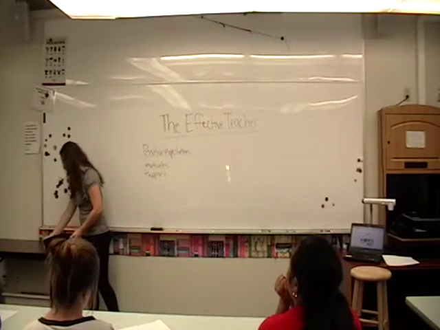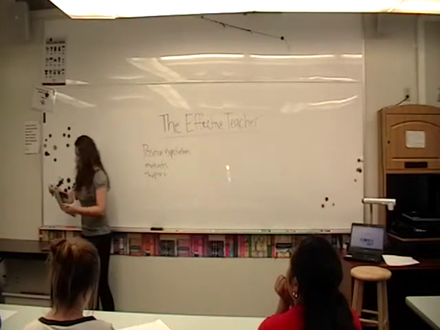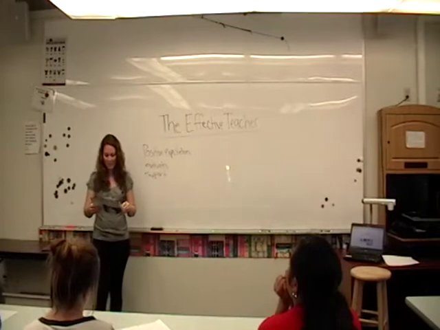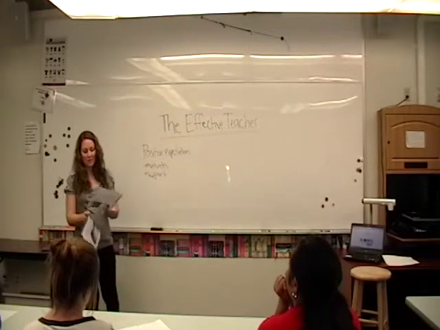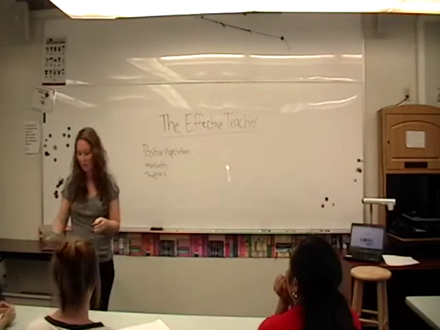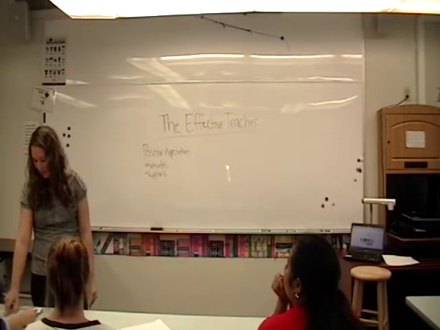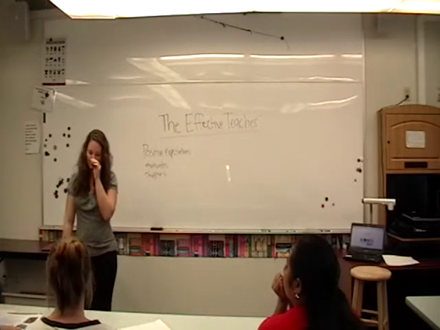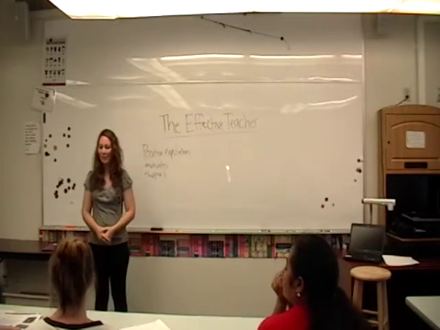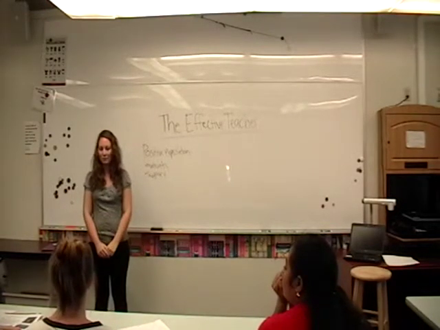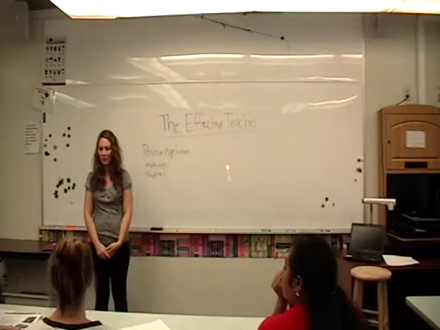I'm going to read a little bit about why these positive expectations help our students. Having positive expectations simply means that the teacher believes in the learner and that the learner can learn.